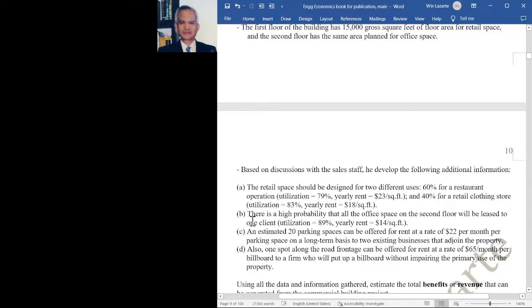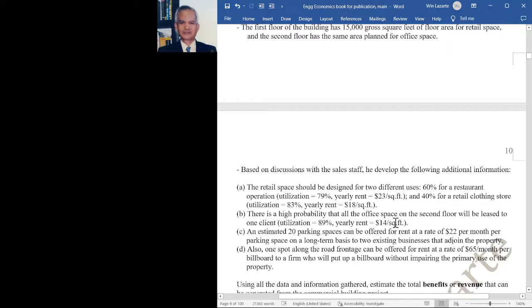Now for letter B, there is a high probability that all the office space on the second floor will be leased to one client, with a utilization of 89% and a yearly rent of $14 per square foot.